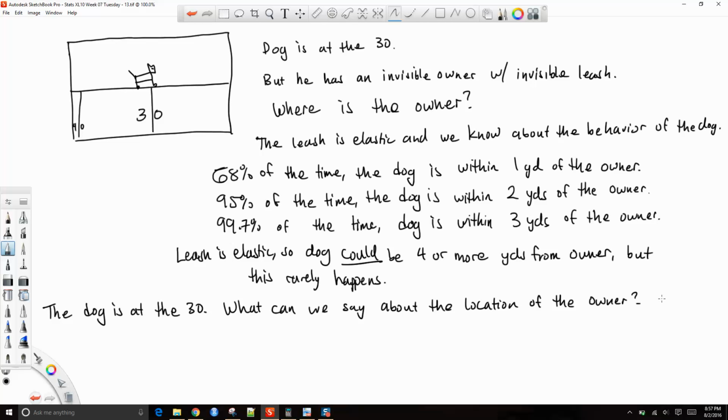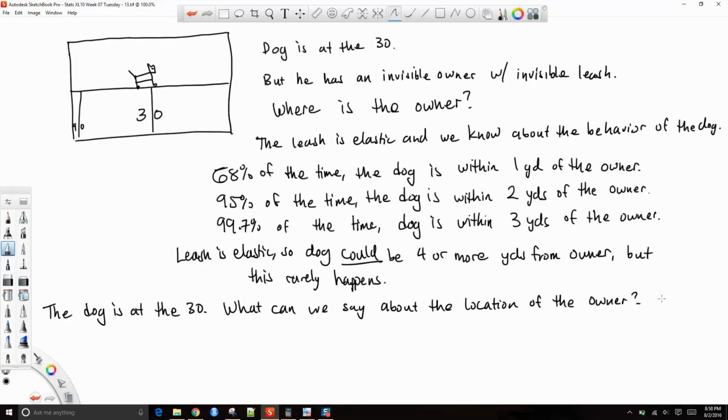Okay. Yes, we can say the owner is very likely to be between 27 and 33. Could the owner technically be at the 34? Could be. If that were the case, we would be surprised because that means this picture was taken at one of those very rare occasions where the dog was more than 3 yards away from the owner. But it is technically possible, okay?